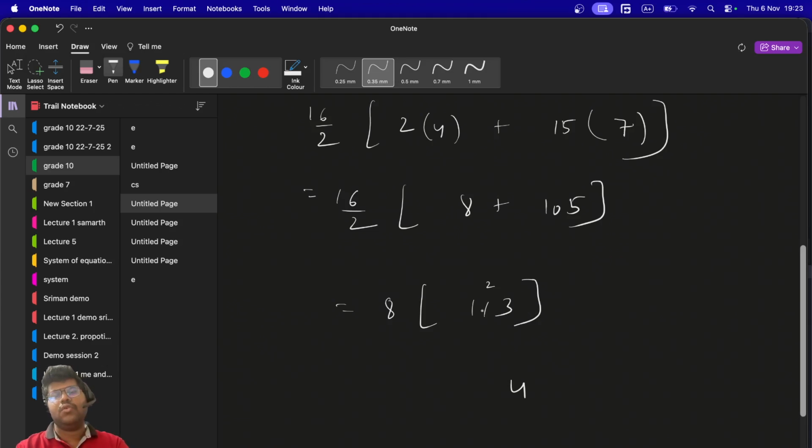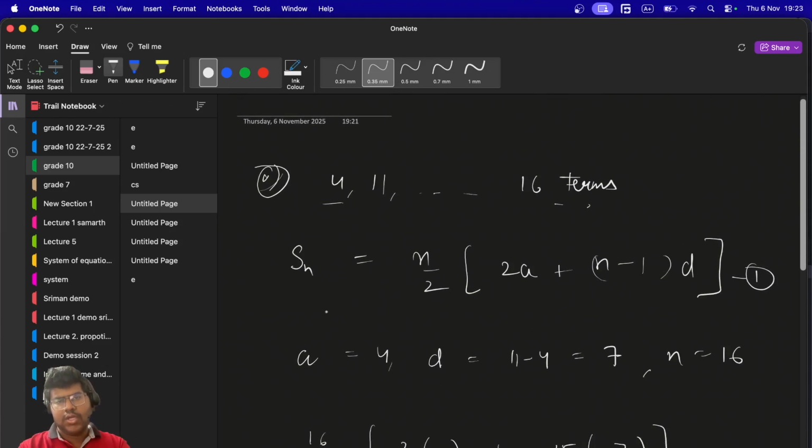Okay, so 2 to the carry, right? So then it would be simply what? See what we have. Again, let us check what we have done wrong, probably. So see n over 2, which is 16 over 2, 2 times a, which is 2 times 4, d is 7, and n is 16, right?